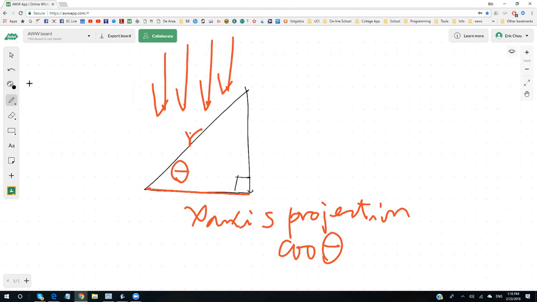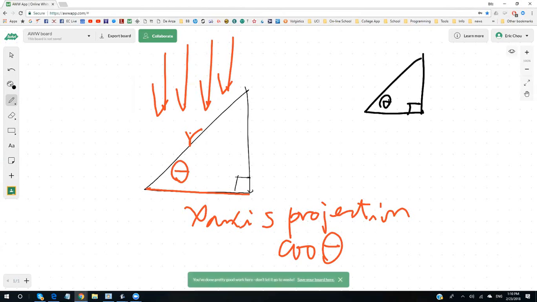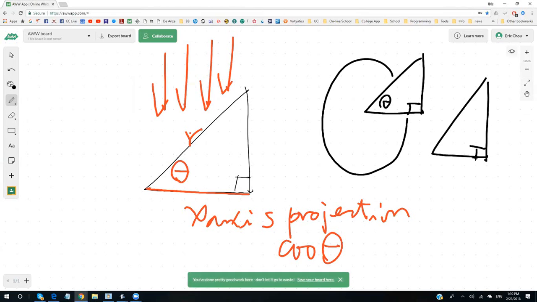If we have this triangle with a theta here, you write cosine. Is that okay? Here I have the angle.